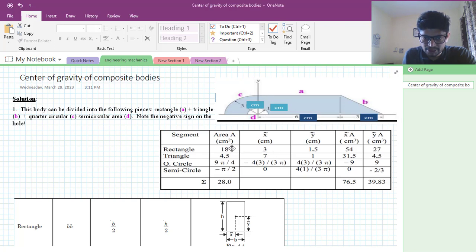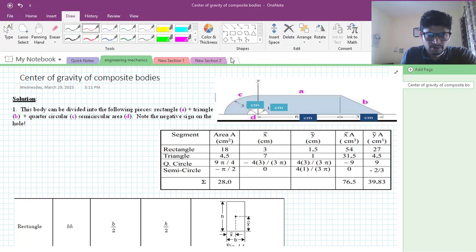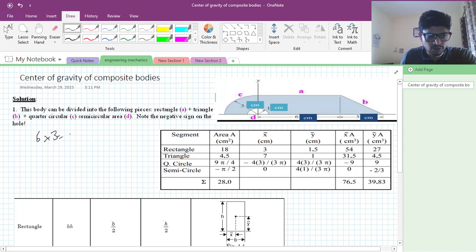So the area becomes, you can see the length is 6 centimeter, into width is 3 centimeter, so it should be 18 centimeter square.